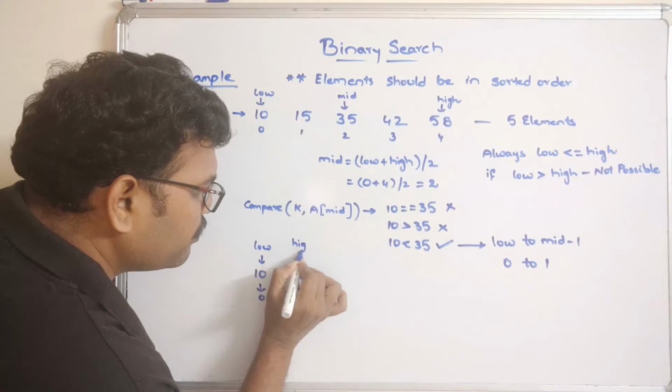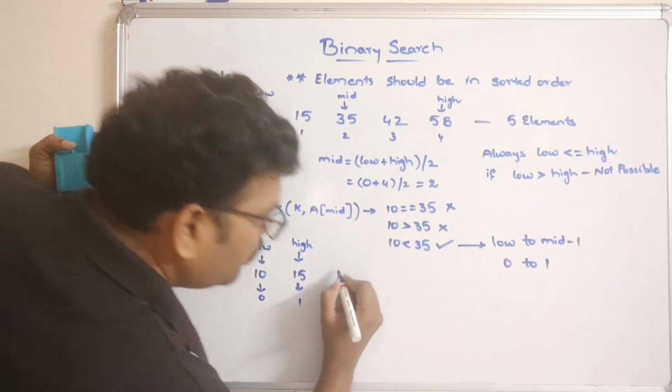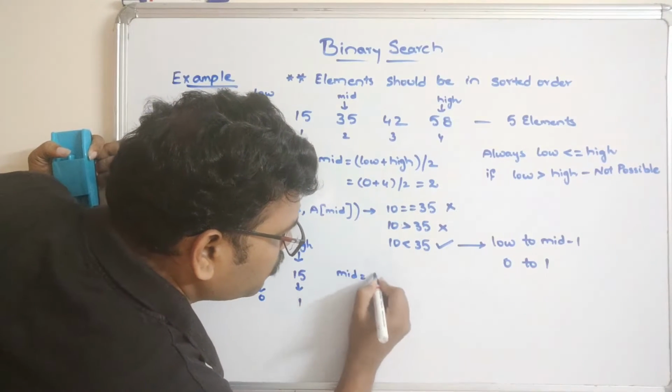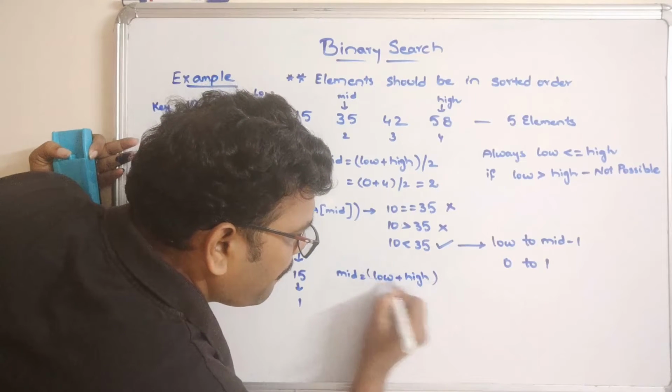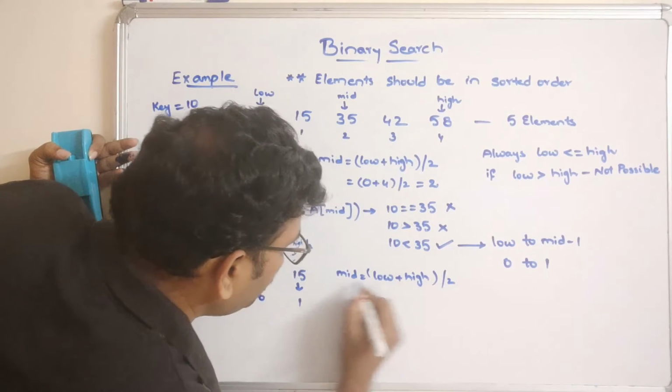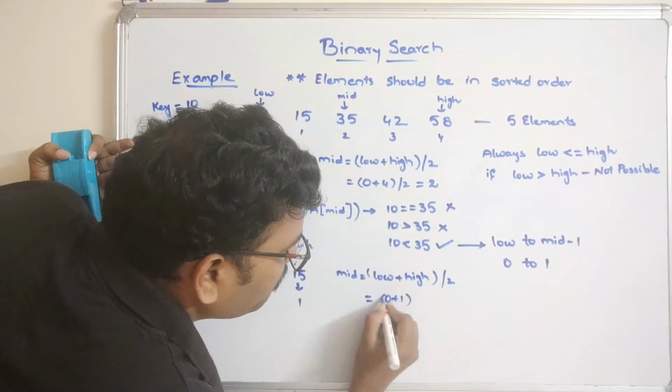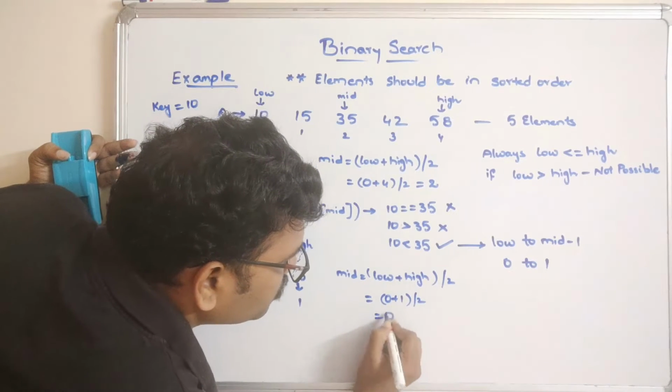So again calculate mid is equal to low plus high divided by 2, which gives 0 plus 1 divided by 2 is equal to 0.